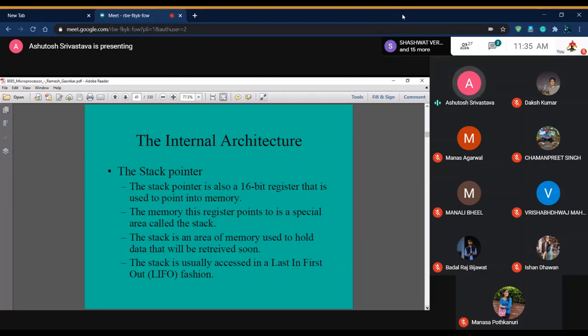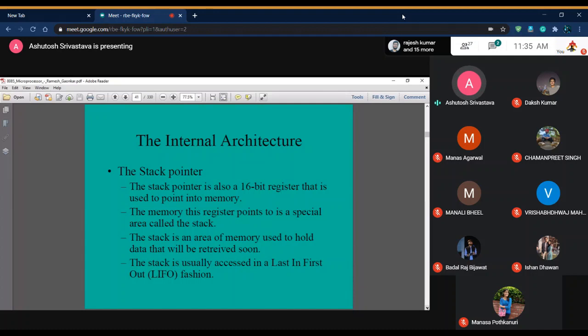Remember, the address of the data which you want to retrieve from your RAM is 16-bit, and the data itself is only 8 bits.